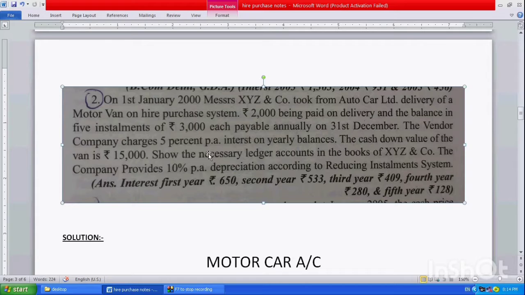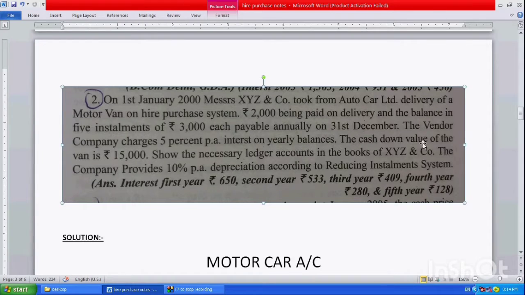The vendor company charged 5% interest on the yearly balance. The cash down value of the van is 15,000. Show the necessary ledger accounts in the books of XYZ company.